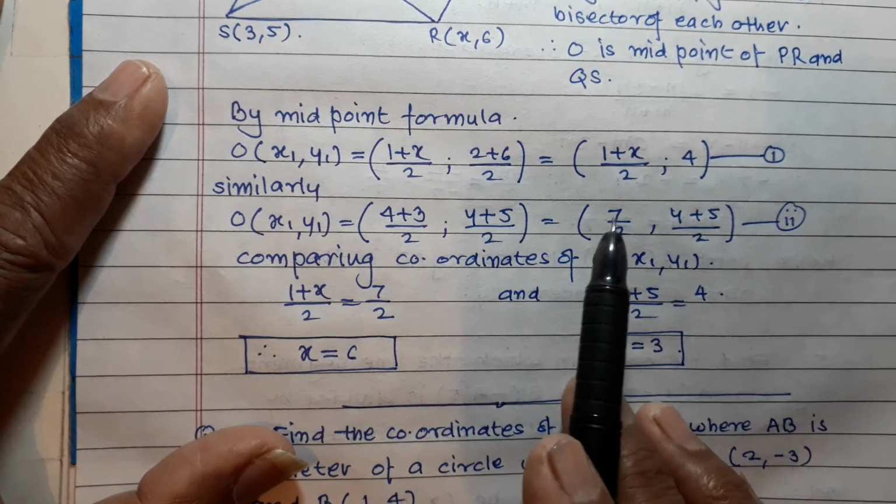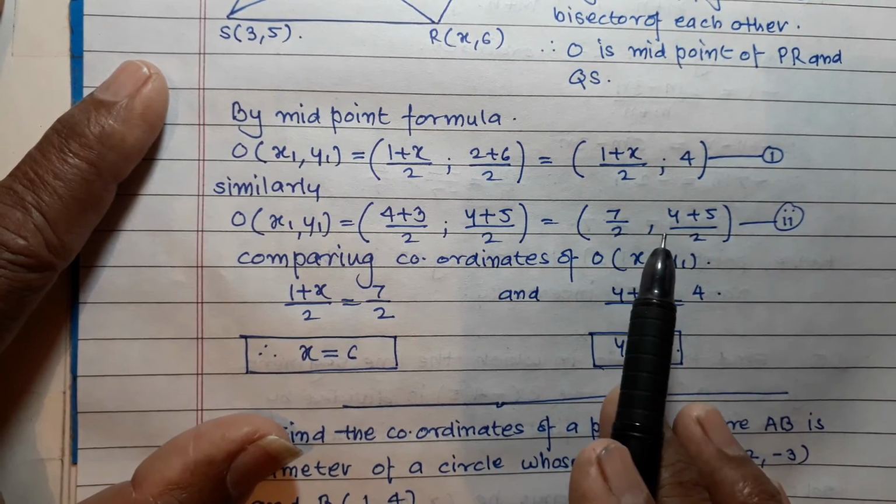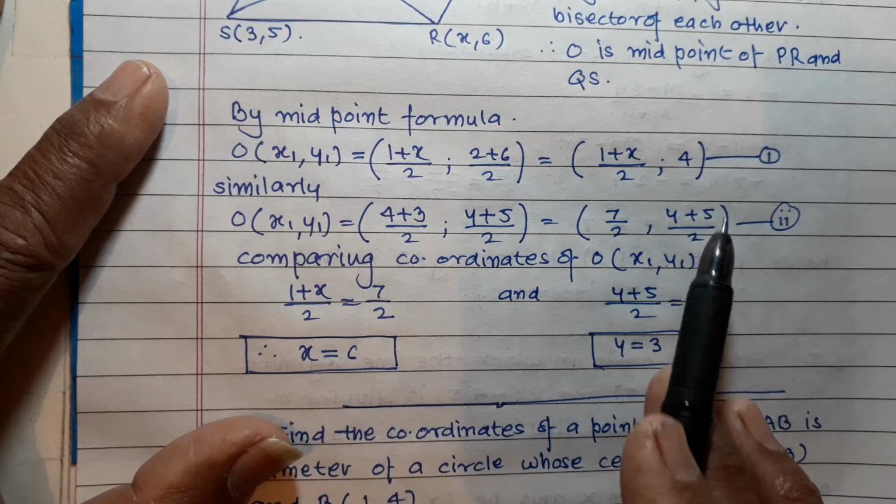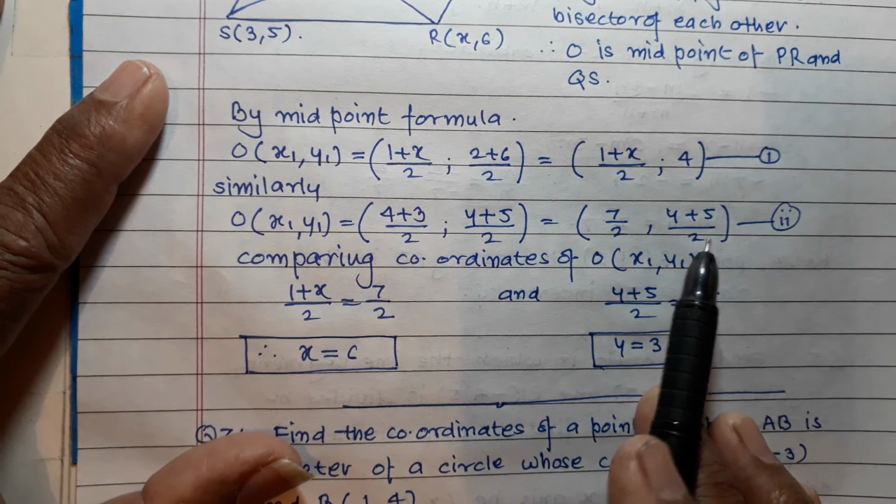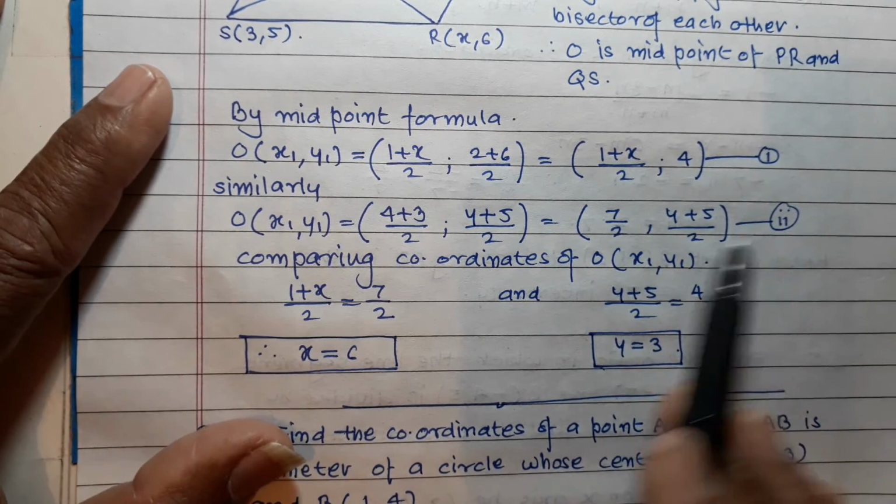Simplify this: (7 upon 2, y plus 5 upon 2). Equation number 1, equation number 2.